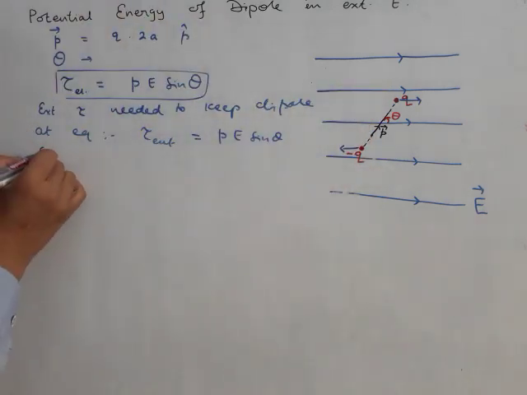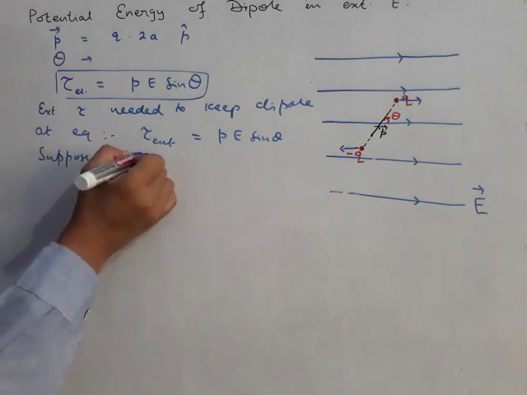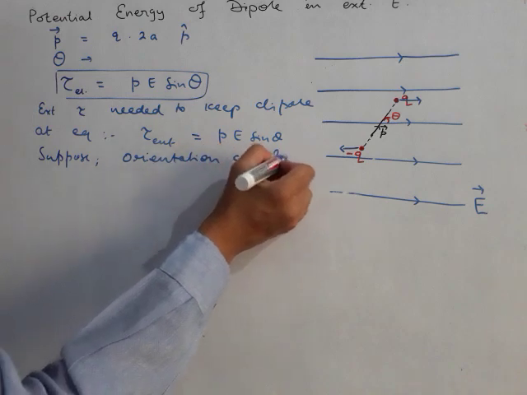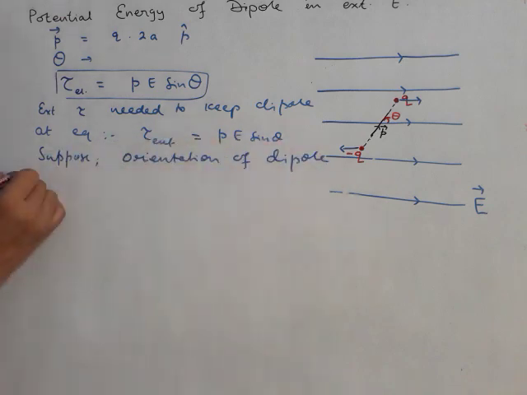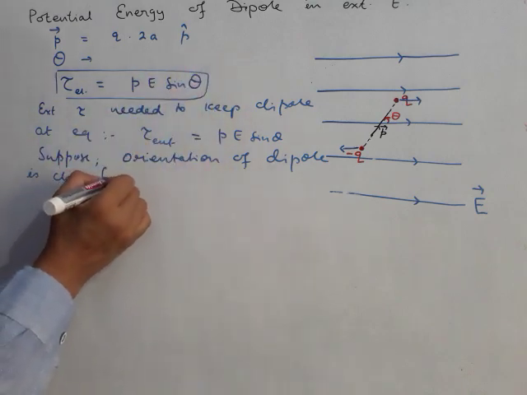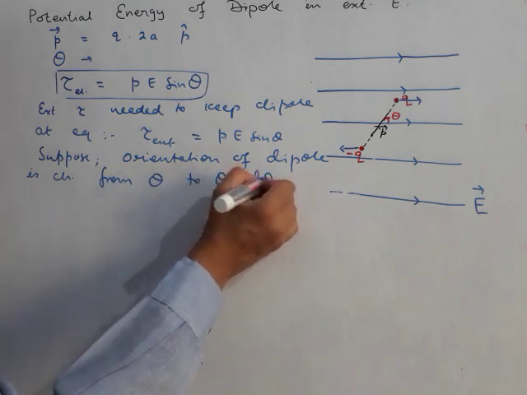Now suppose the orientation of dipole is changed. Orientation means the angle which it is making, from theta to theta plus d theta.